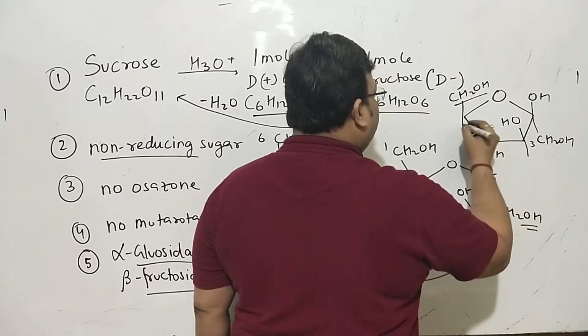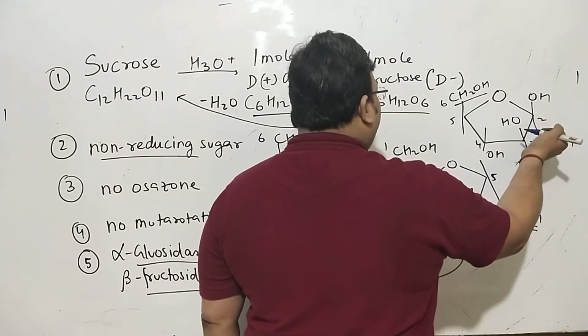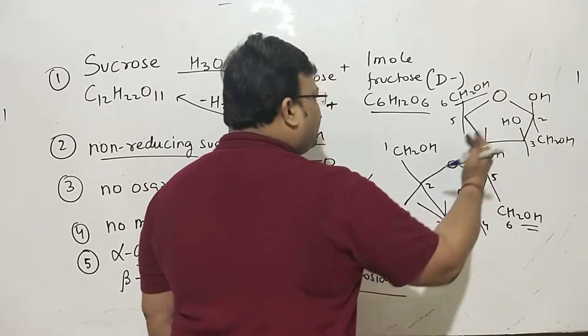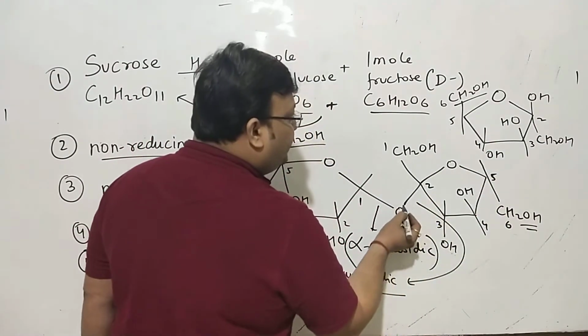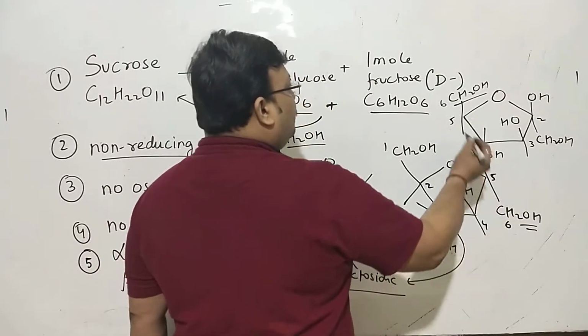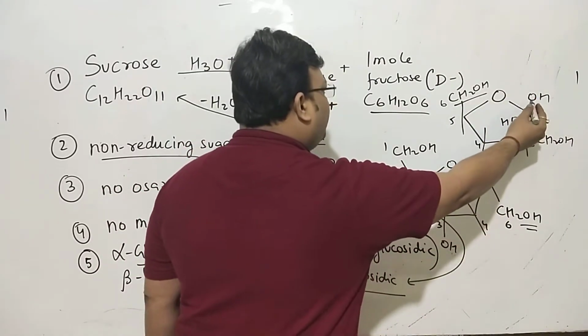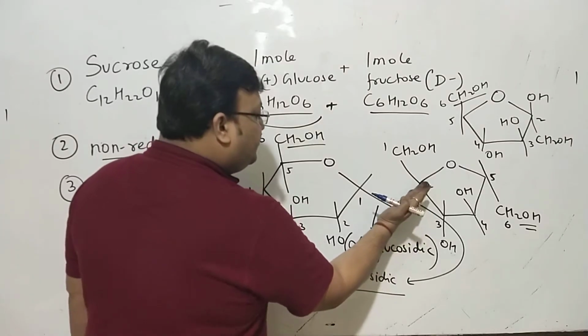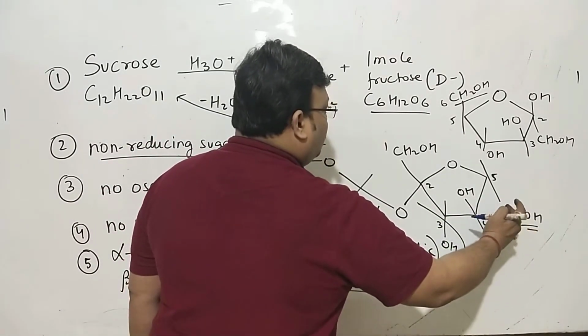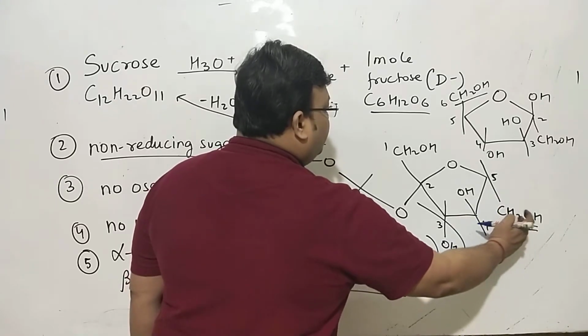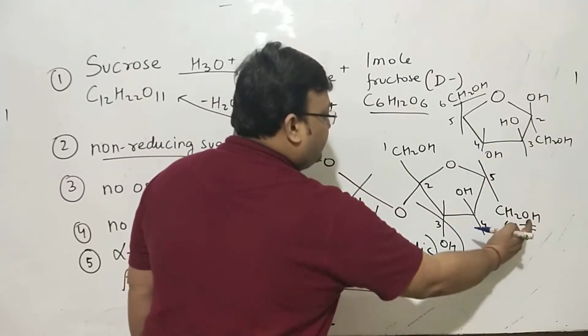This is the way I generally write it. But now, because I have to bring carbon 2 here, this needs to be below. For these to be in sync, because at carbon 2 this is below, this carbon 6 CH2OH should be down. Now, the moment the CH2OH is down, this CH2OH and this OH will have the same configuration.